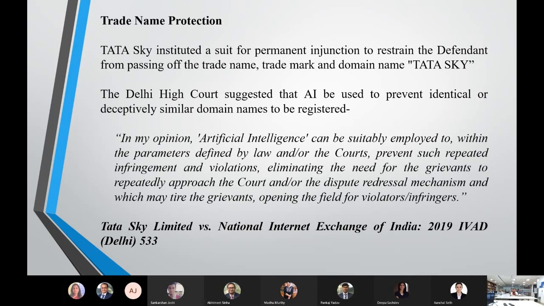There are so many similar trademark infringement cases which come up, so the court was of the view that if we suitably employ AI in such cases, then such similar cases can be avoided, because it can come in handy. This was another thing observed by the Delhi High Court.